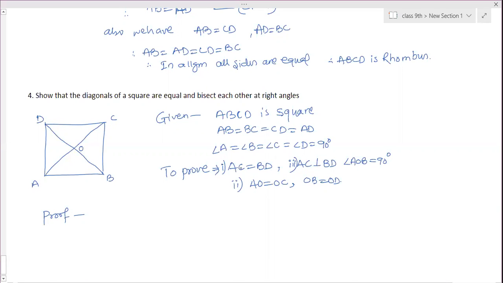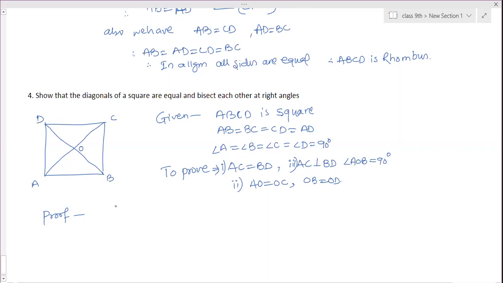So to prove diagonals are equal, we have to use these big triangles, ABD triangle and ABC triangle. These two full triangles we have to show congruent. Then only we can prove by CPCT, BD and AC are equal.